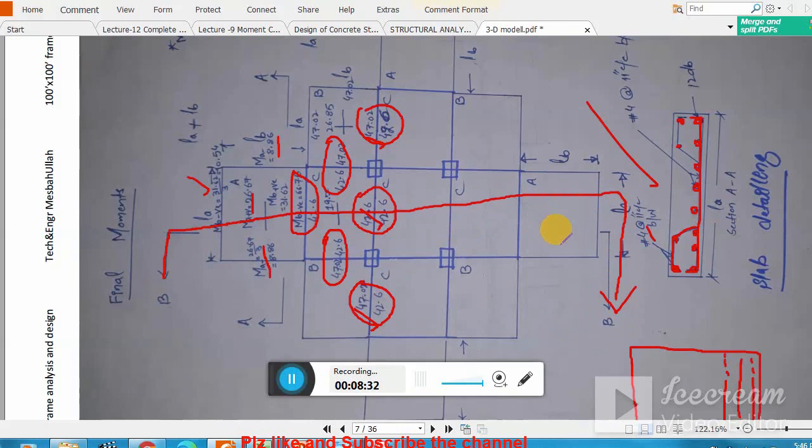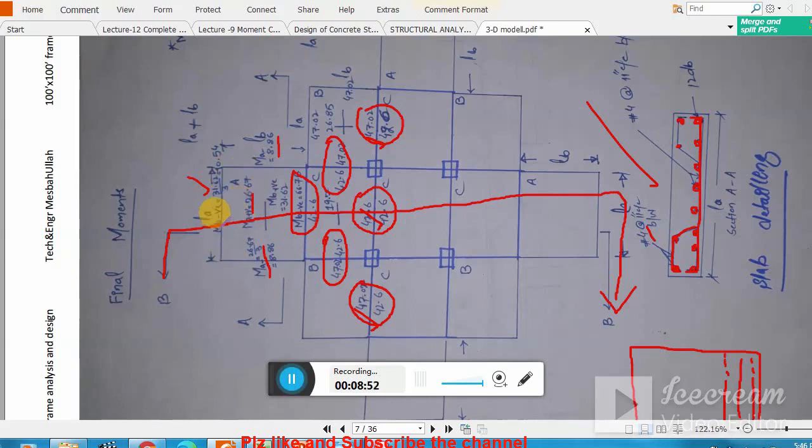So here is my panel A, C, C, C, and again panel A. Remember that this is my shorter side and this is my longer side.